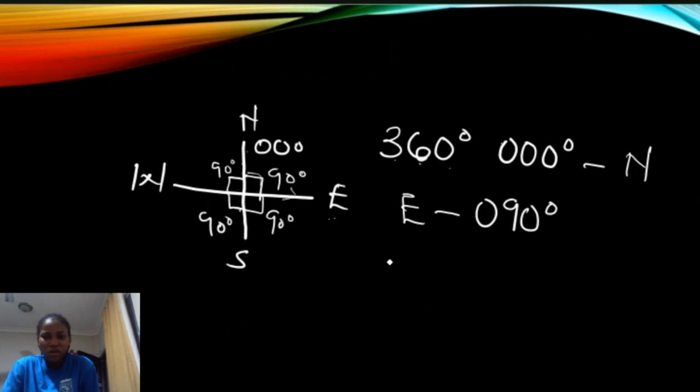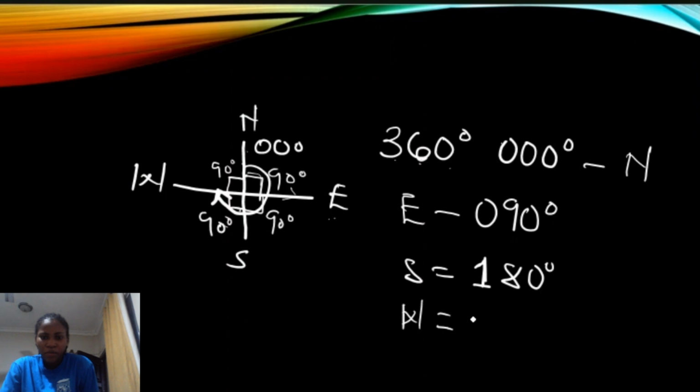The bearing due south would be 180 degrees. Due west, 90, 90, 90, so 270 degrees. And for the north, since it's the starting point, it will be 000 degrees or 360 degrees, that's when it moves a full circle.